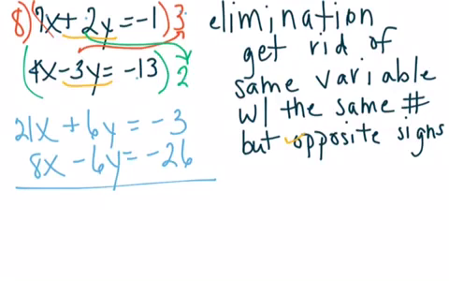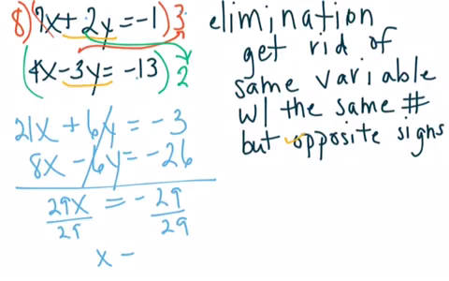If you look at this, the 6y and the negative 6y will cancel. So 21x plus 8x is 29x. And negative 3 minus 26 is a negative 29. Divide both sides by 29. So x equals negative 1.